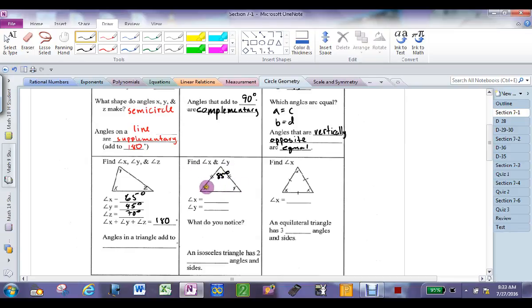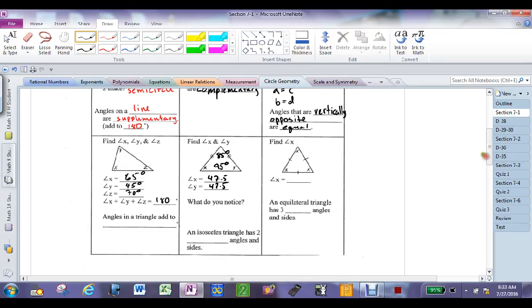So these two angles together have to be 95, right? It's 95 and 85 is 180. Since they're the same, what do I got to do to 95 there? Divide it by 2, which is 47.5, right? So these guys are both 47.5. And that's a special triangle, which we're going to talk about more in a minute.